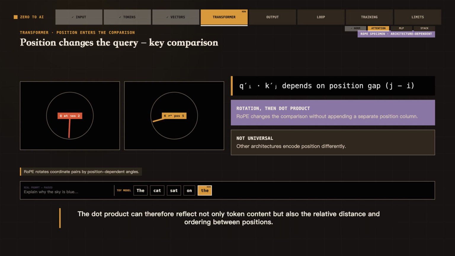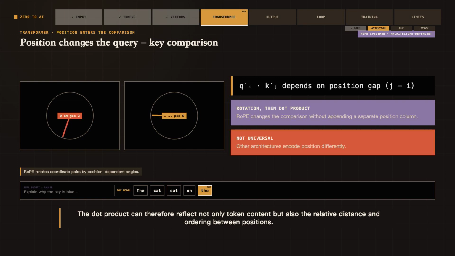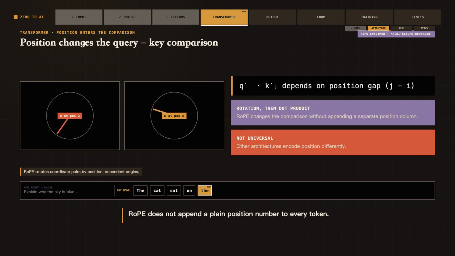The dot product can therefore reflect not only token content, but also the relative distance and ordering between positions. RoPE does not append a plain position number to every token. It transforms the geometry used in attention. Other models encode position differently, so this is one of the architecture choices we must label.